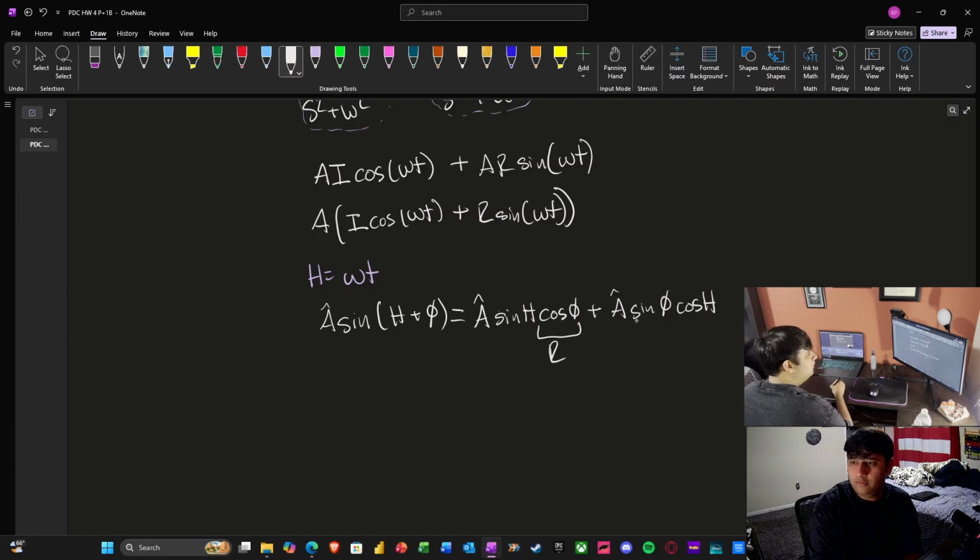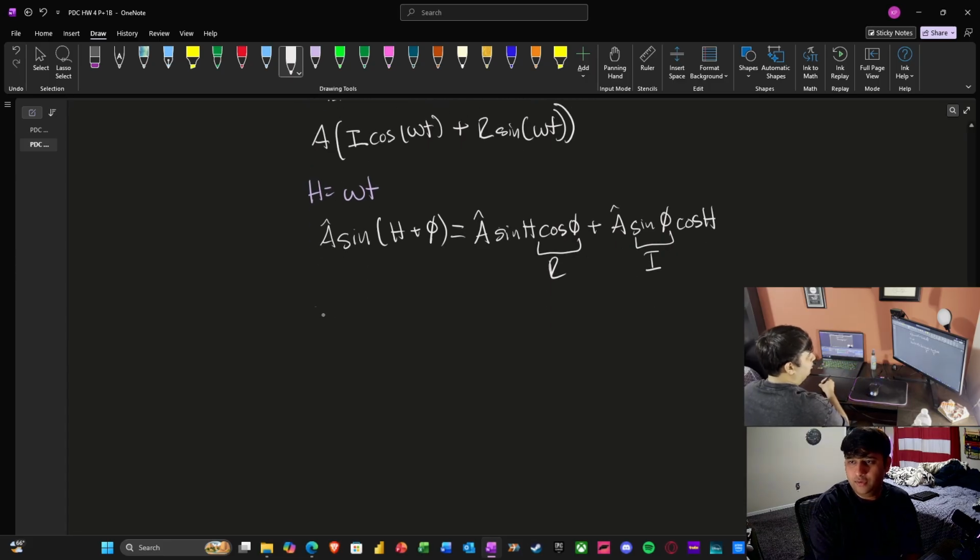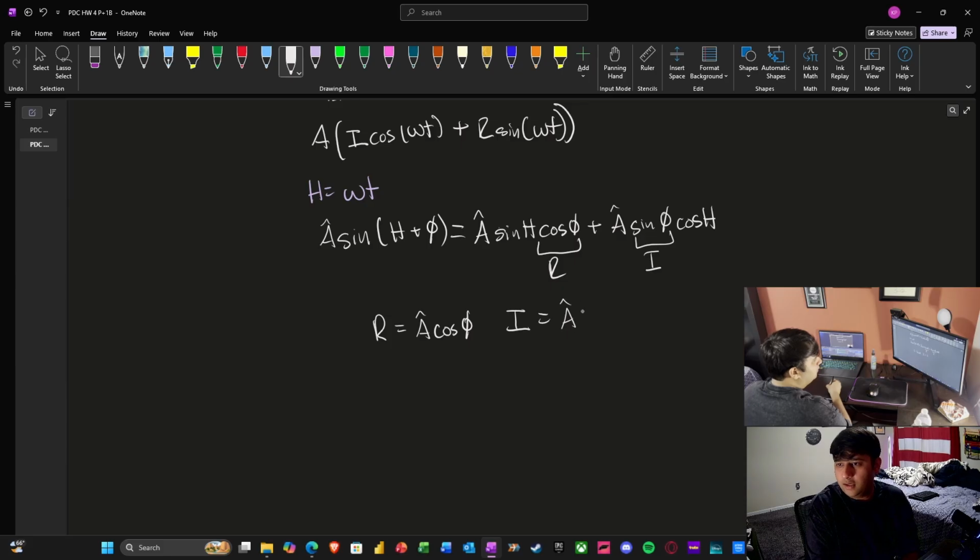this is our real value, this is our imaginary, so R will equal a hat cosine of phi, and I equals a hat sine of phi.